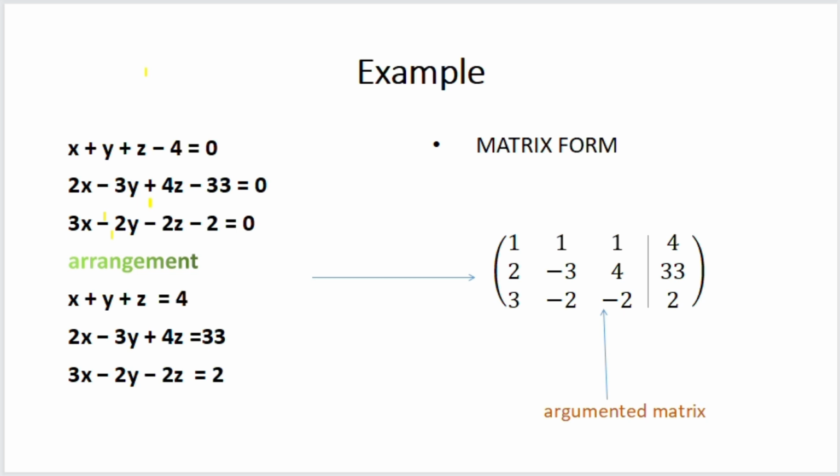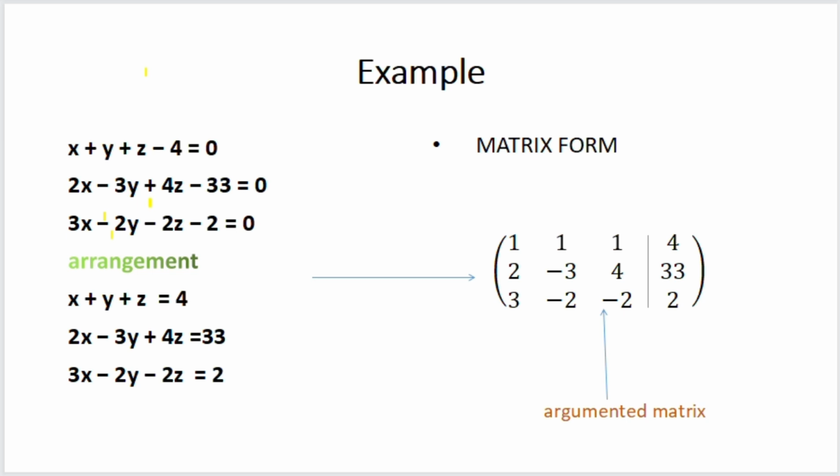So in this case, I have x plus y plus z equals 4, and 2x minus 3y plus 4z equals 3, and 3x minus 2y minus 2z equals 2. I've taken the whole numbers that don't have unknowns to the other side, and the terms with unknowns keep their coefficients on one side.